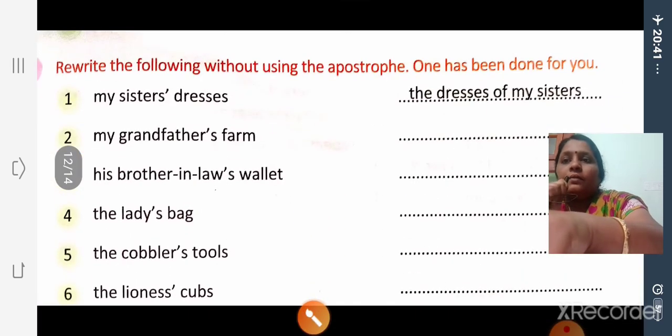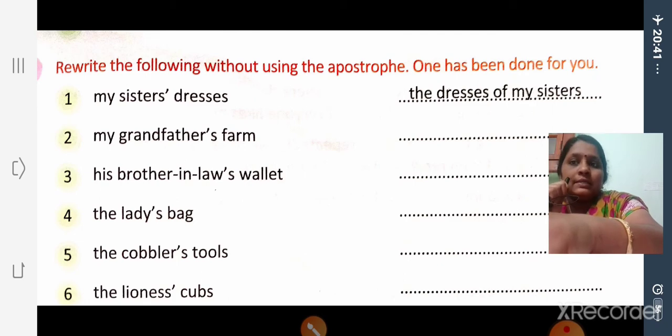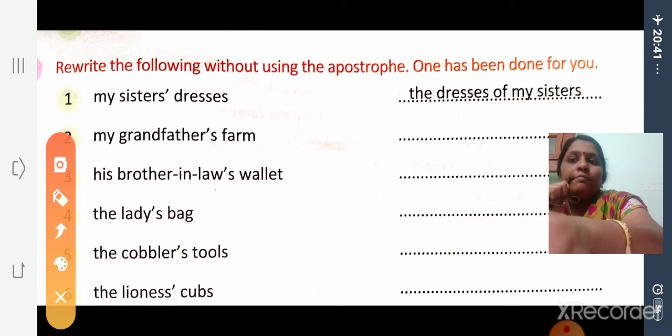Then second one: rewrite the following without using the apostrophe, that is, the of construction. Okay, one has been done for you. My sister's dress, the dress of my sister. Then my grandfather's farm, the farm of my grandfather. Then his brother-in-law's wallet, the wallet of his brother-in-law.